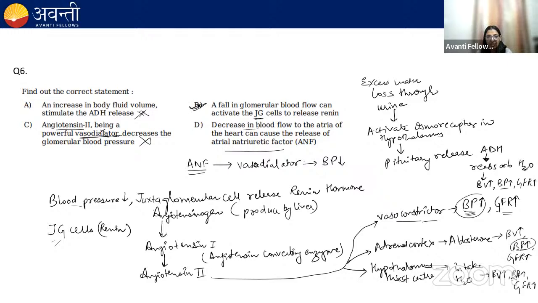Okay, so the correct option is B. Because in D it is written decrease in the blood flow to the atria; this atrial natriuretic factor will be released when there is an increase in the blood flow. This is also incorrect. So the correct option is B. I've discussed all the options, why they are incorrect. Please remember these mechanisms. These are important, okay?